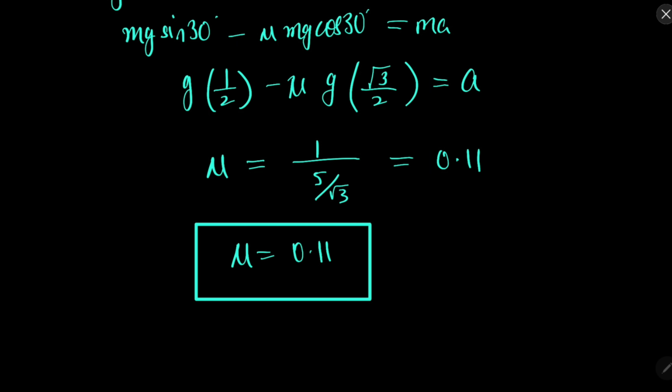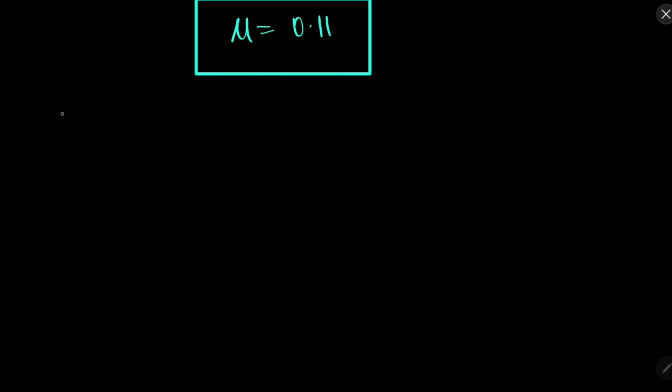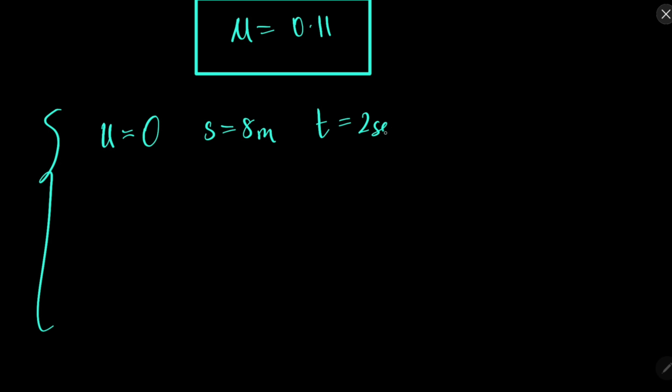Remember, coefficient of friction is unitless. Also, we have put g equal to 10 meter per second square. One important thing I forgot to tell you is the value of a. So we need to find the value of a. We know initial velocity is 0, displacement is 8 meters, time is 2 seconds.